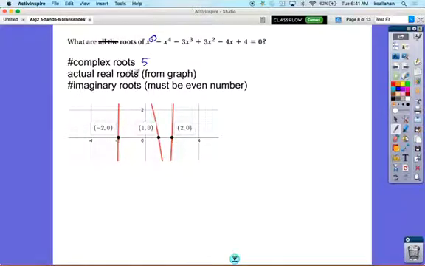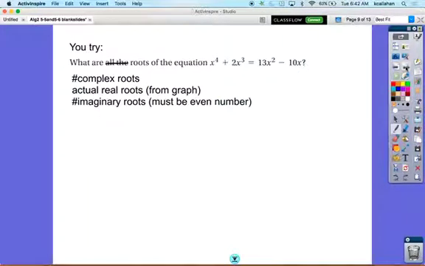The actual real roots, -2, 1, and 2. The number of imaginary roots. Okay, well, there's 3. There's got to be a total of 5, so there must be 2 imaginary. We're not saying what they are. We're not going to try to solve for them, although that could be done. We're not going to do that. We're just going to understand how many imaginary roots there are.